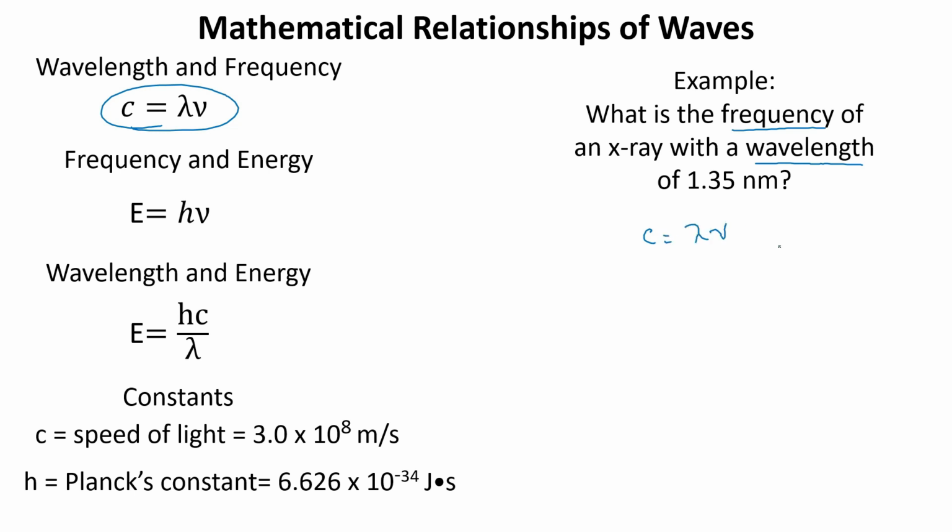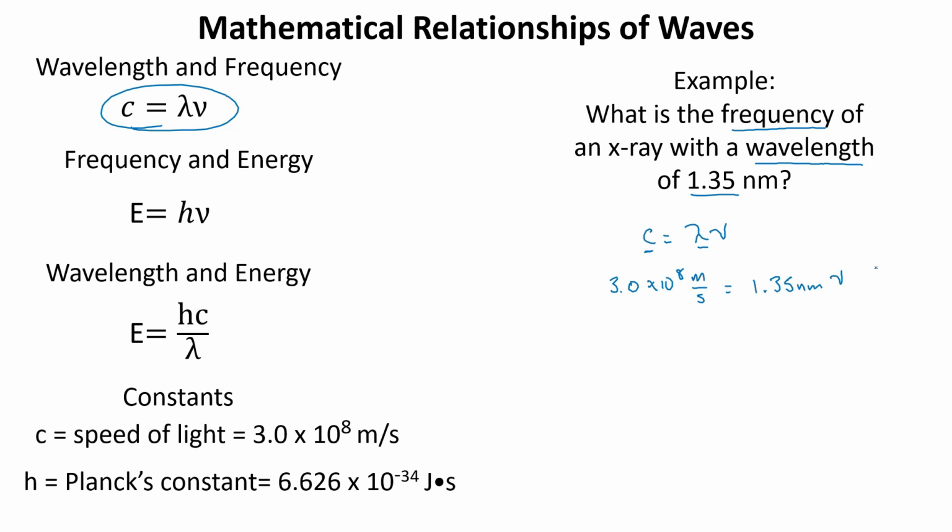And let's plug in what we know. Well, we know c, that's the speed of light. We always know that. So that is 3.0 times 10 to the 8th meters per second. This is going to equal our wavelength, which we also know as 1.35 nanometers. And we are calculating our frequency.